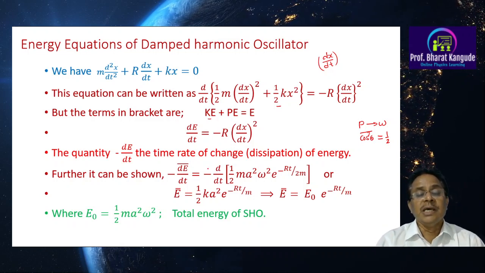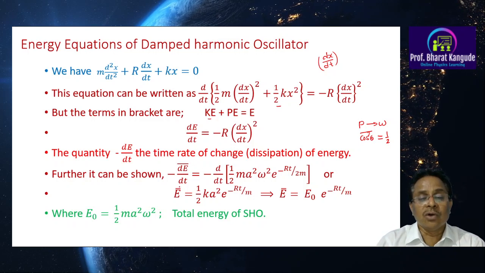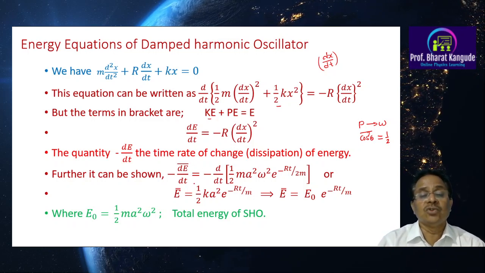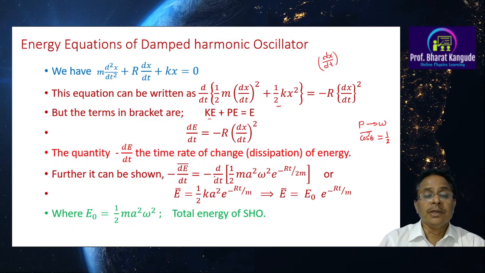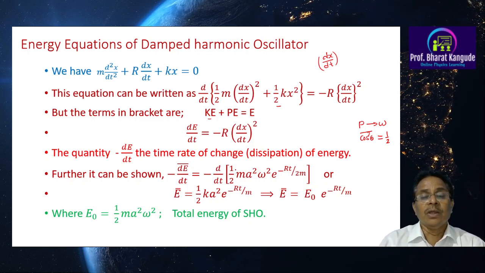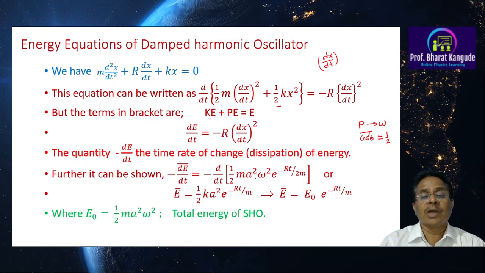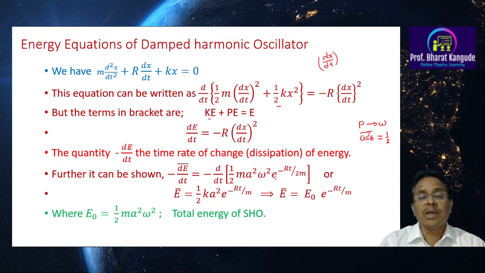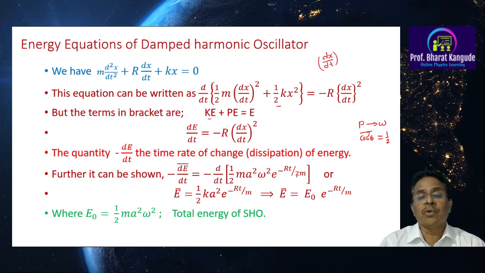This is called the average rate of decrement of the total energy of this damped harmonic oscillator, equal to minus d by dt of 1/2 m a square omega square multiplied by e raised to minus rt upon 2m.